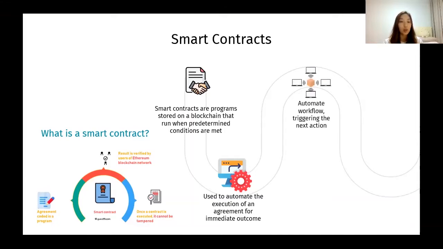And they can also automate a workflow, triggering the next action when conditions are met. And these smart contracts are often written in a programming language called Solidity, a language that's kind of like JavaScript and C++. And other languages for writing smart contracts include Viper and Bamboo.